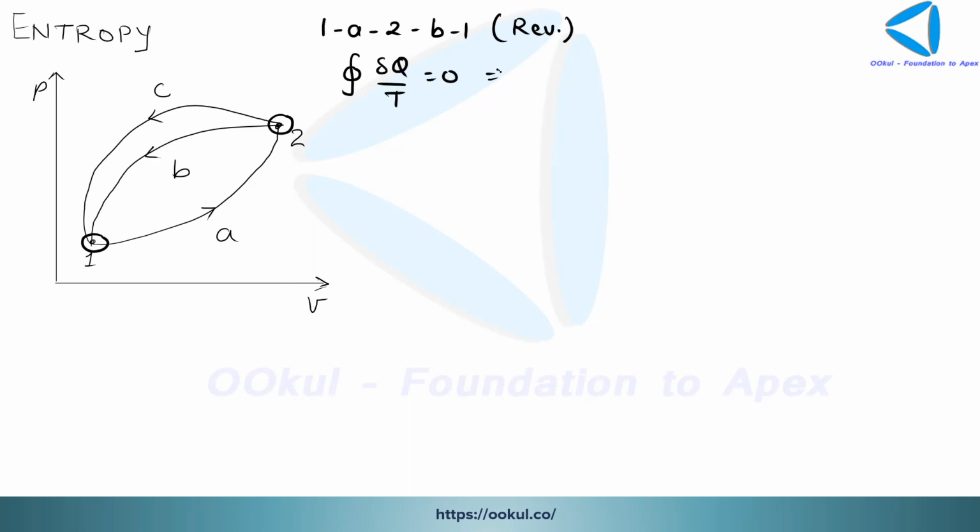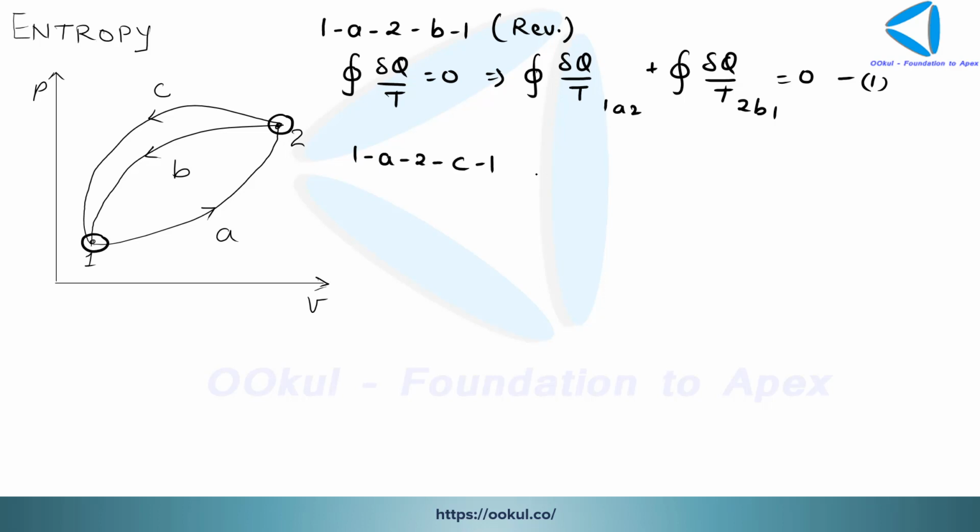So we write it for both the paths, that is cyclic integral of del Q by T for the path 1A2 plus cyclic integral of del Q by T for the path 2B1 equal to 0. Okay, and this becomes our equation number 1. Now we take another path, that is 1A2C1, and this is also reversible.